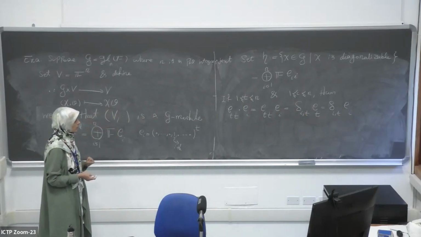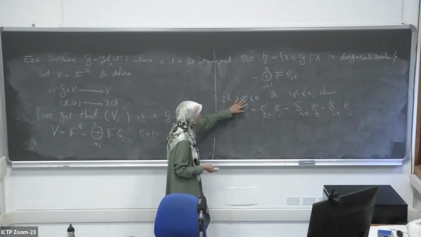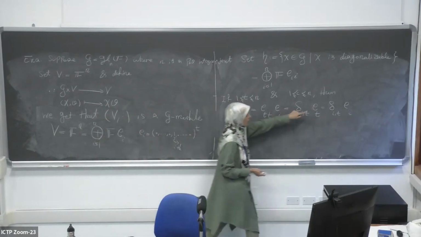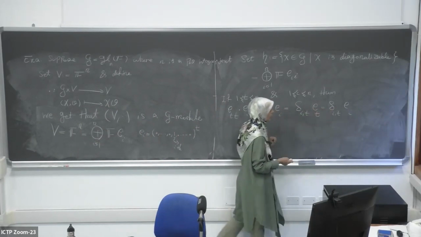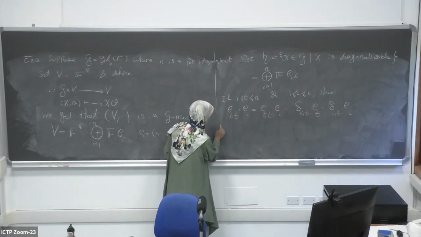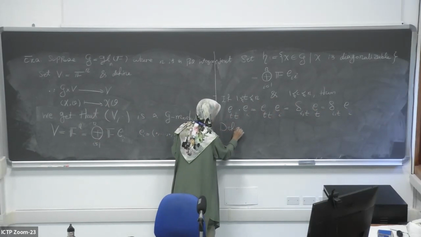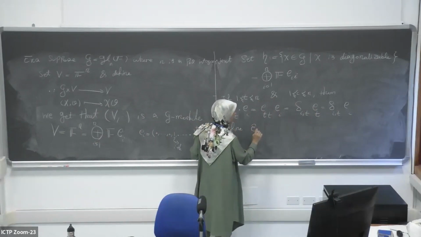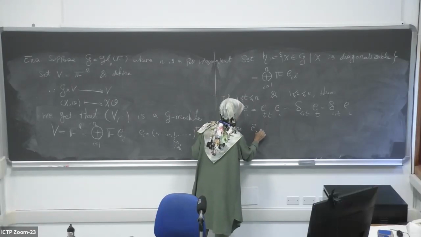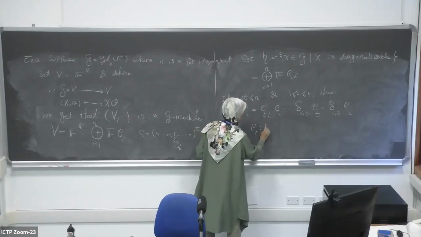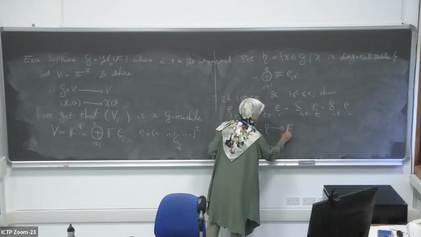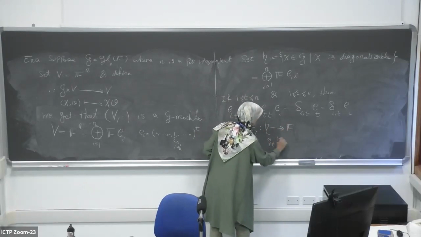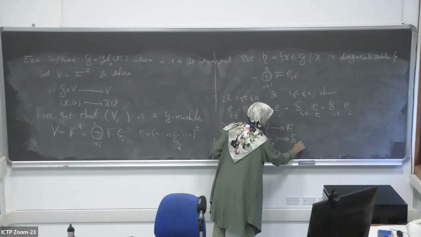Okay, so for each t, we have e_tt e_i equals delta_it e_i. And define epsilon_i from H to F, a functional, mapping e_tt to delta_it.